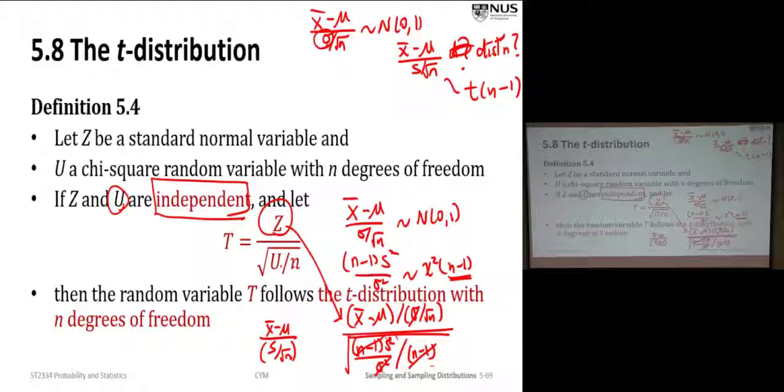So it looks as if we do some magic. We replace sigma, the population standard deviation, by the sample standard deviation. Then it is no more a standard normal distribution, but it becomes a T distribution with n minus 1 degrees of freedom.